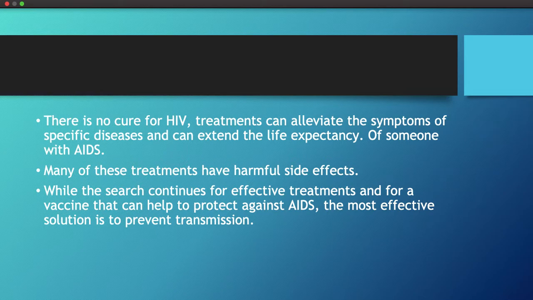While the search continues for effective treatments and for a vaccine that can help to protect against AIDS, the most effective solution is to prevent transmission. So the most effective way of not getting HIV is obviously protecting yourself, using protection or not sharing needles, stuff like that.